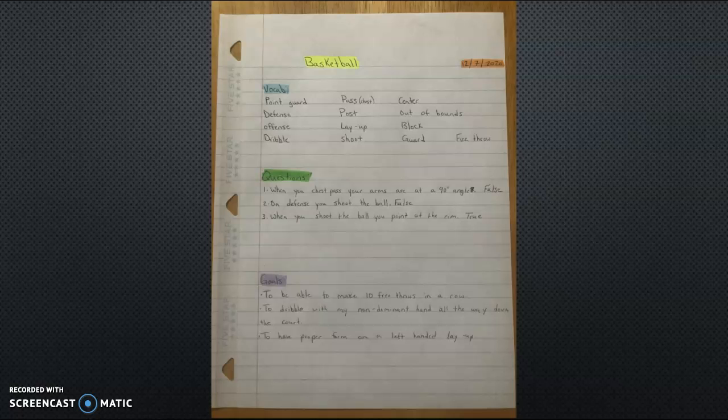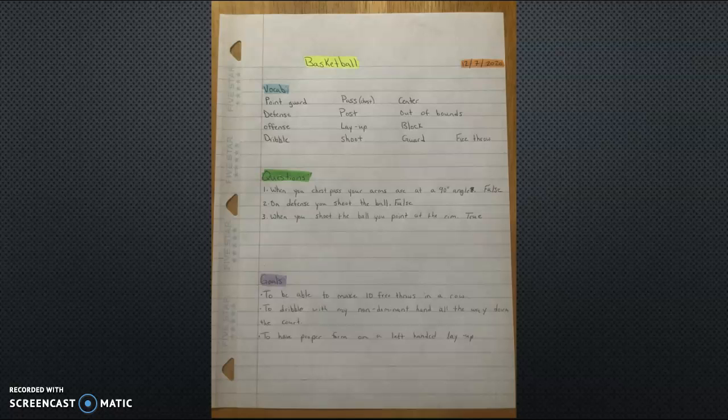The next section is questions, and so these 3 questions were some that I made up for this example. In this instance, there were 3 stations that they would have gone to, and the first station would have been about chest passing, so they would have practiced their chest passing to each other, and then there was a question that they would have answered.